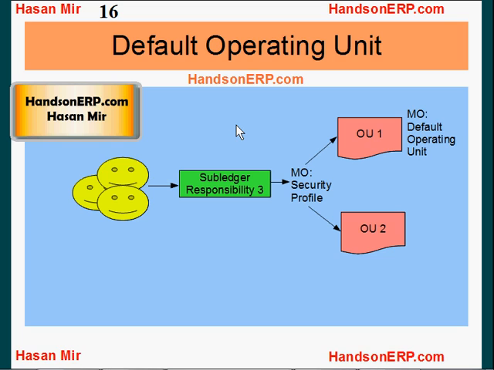And this default could be set to different values for different users. Keep in mind, profile options could be controlled at responsibility level and also at user level. So user A will have a certain default, user B will have a certain default, and both, since they are connected to the same responsibility, have access to operating unit 1 and operating unit 2.